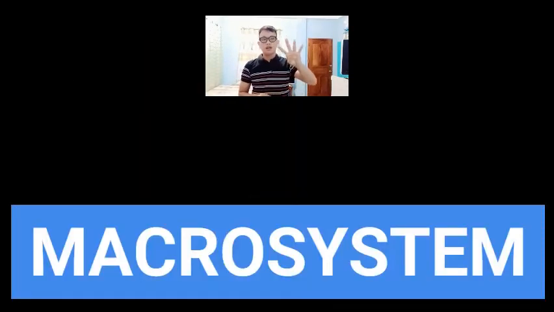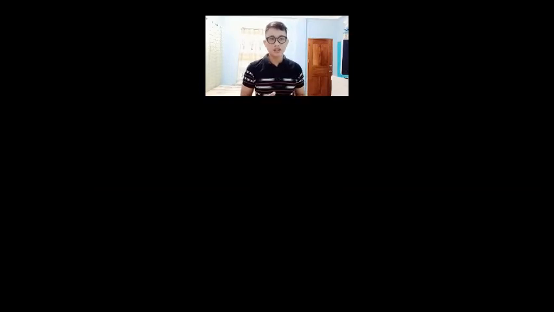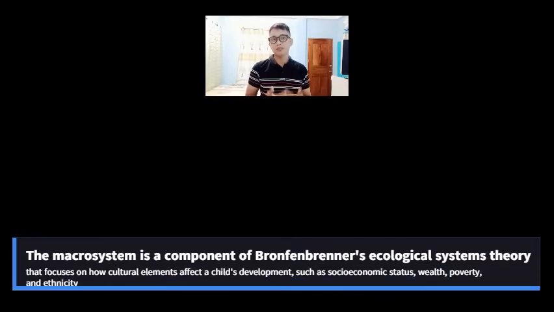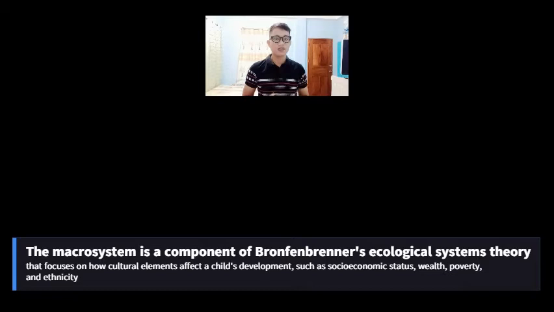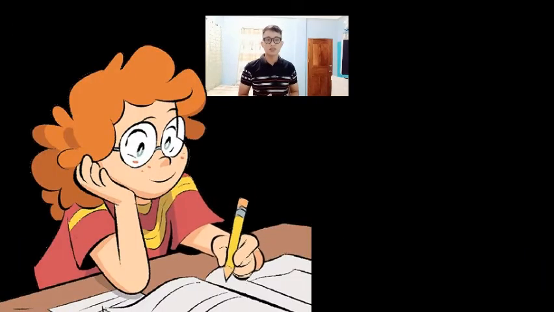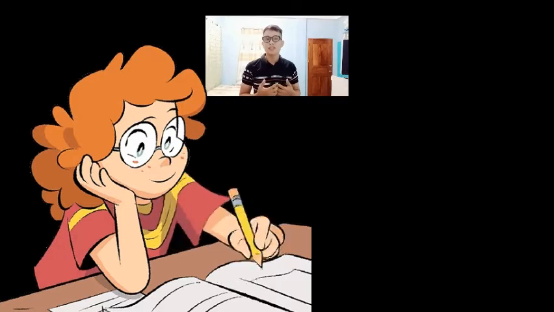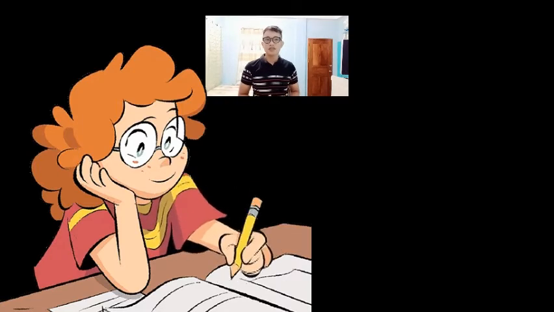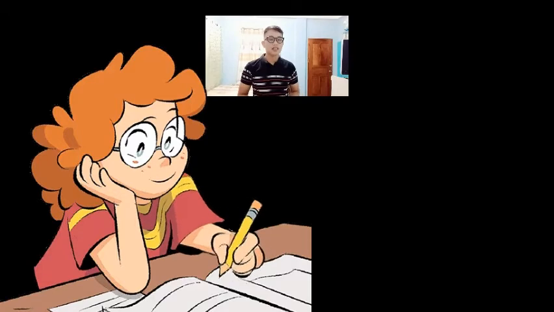Number four, the macrosystem. The macrosystem is a component of Bronfenbrenner's ecological systems theory that focuses on how cultural elements affect a child's development, such as socioeconomic status, wealth, of course, poverty, and ethnicity. Thus, the culture that individuals are immersed within may influence their beliefs and perceptions about events that transpire in life.